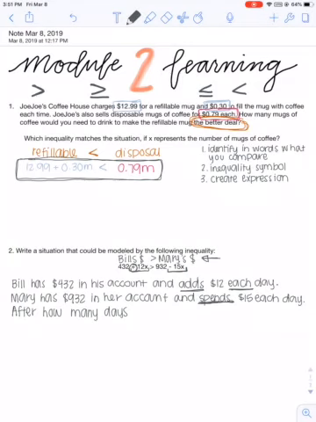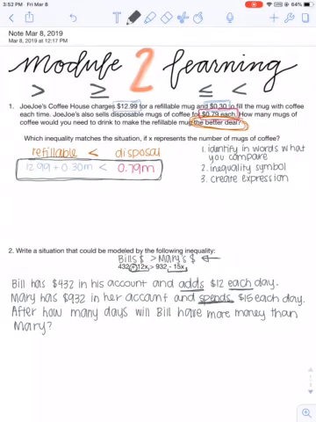So we want Bill to have more in his account than Mary. So we just ask that. After how many days will Bill have more money than Mary? And there you have it. We have our situation for this inequality.